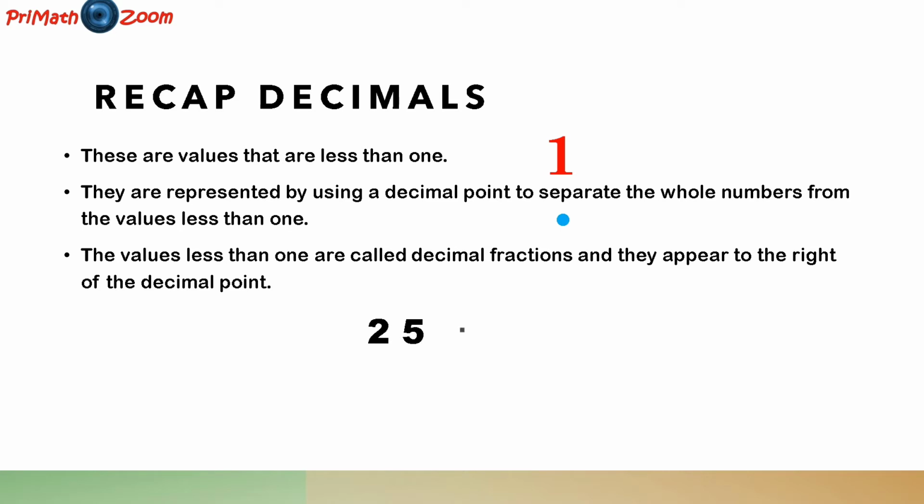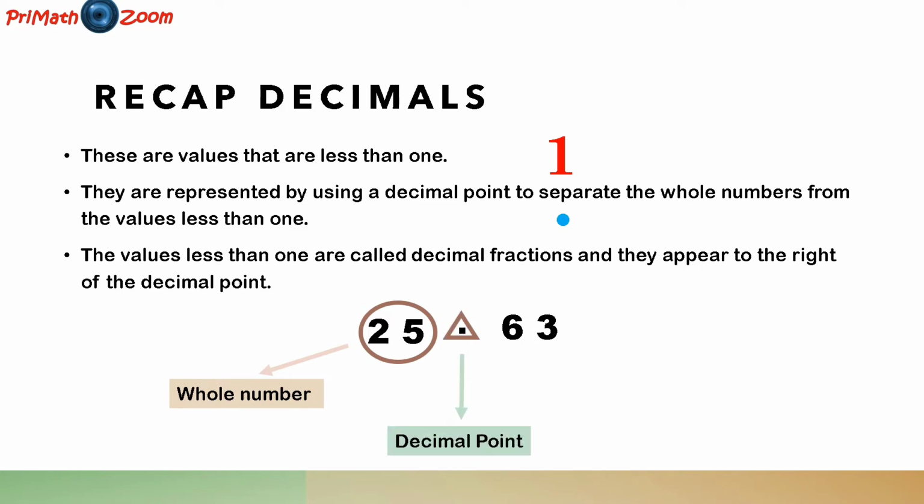So, for example, this number, 25.63. 25 is the whole number. This is the decimal point, and 63 is the decimal fraction.